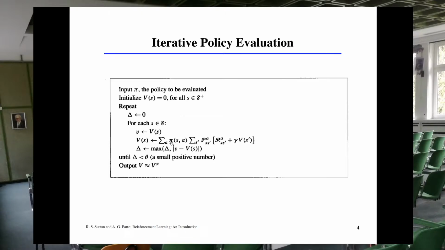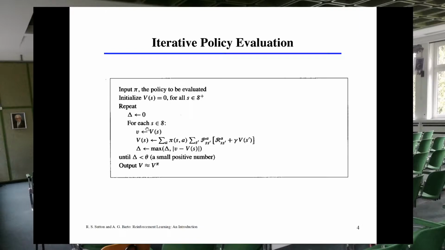This is the policy function, this is the transition function, this is the reward function, and this is the value function. Gamma is our discount factor, and it could take a value between 0 and 1.